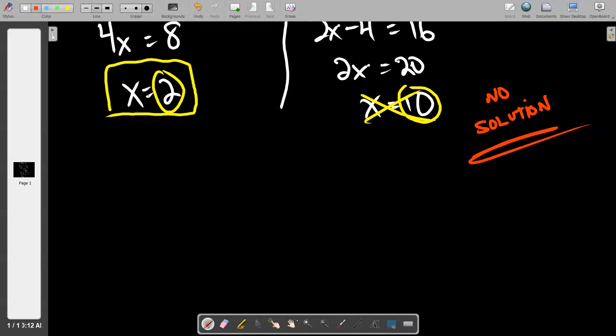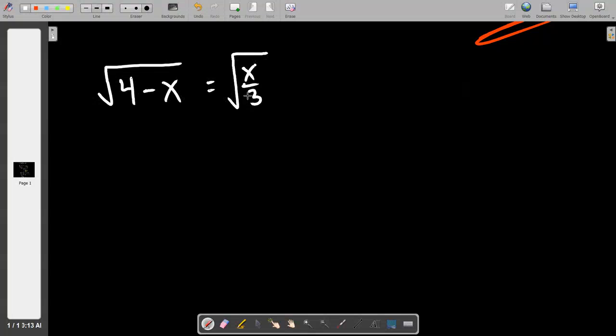So, next example is the square root of 4 minus x is equal to the square root of x over 3. I'm just trying to check every box, things you need to know before you're set loose to work.